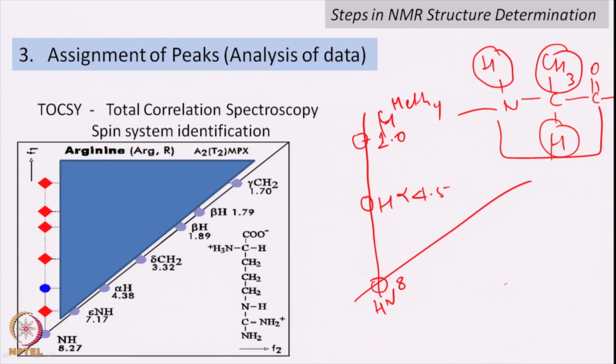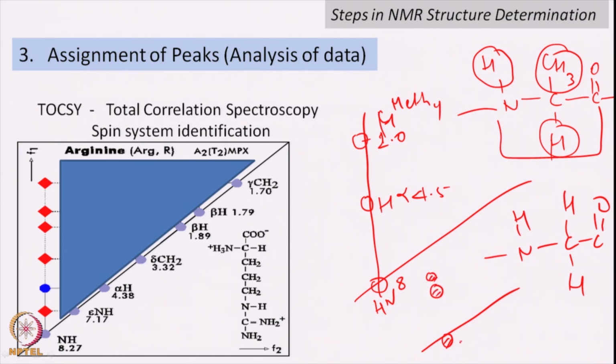Similarly, if I take an example of glycine, what do we have here? NH, CH, H and CO. Now glycine should have one NH and 2 H alpha, H alpha 1 and H alpha 2, right.